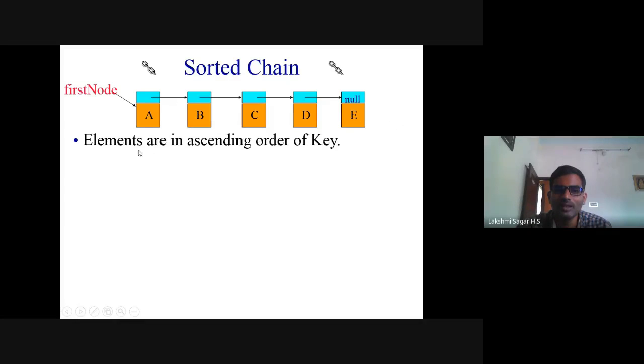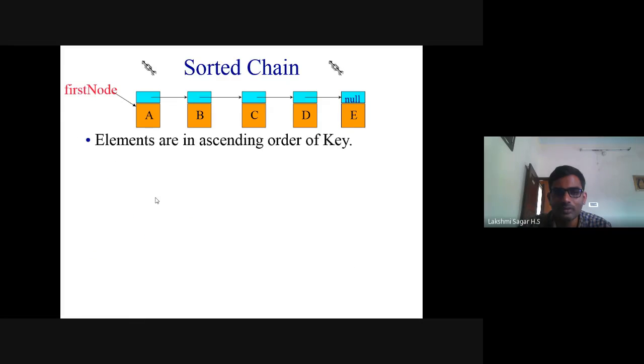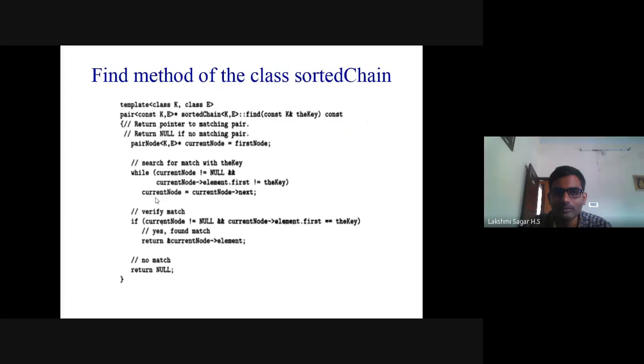So we can arrange the elements in ascending order of key. If you want to arrange it, we can arrange it. So we can use different keywords, and how much time it takes to perform those particular operations. Just go through it. If you want to remove it, you can remove the key.